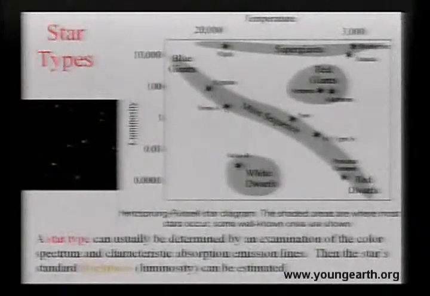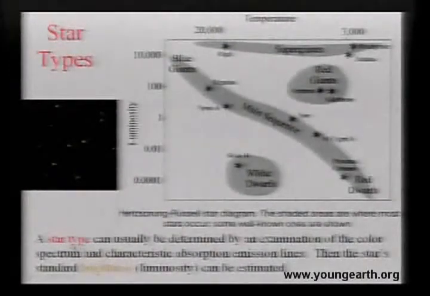And some of the named stars are mounted on here. There are some supergiants out there, and red giants and dwarfs. Dwarfs are usually considered sort of remnants of stars that have, to use the word, evolved off the main sequence. At least that's the theory.